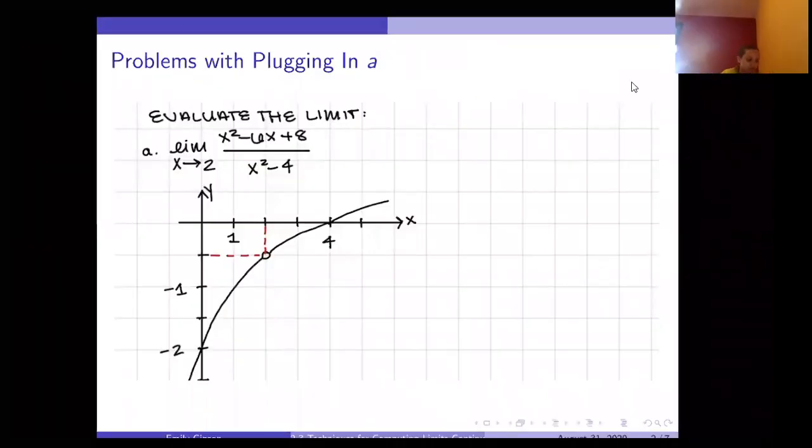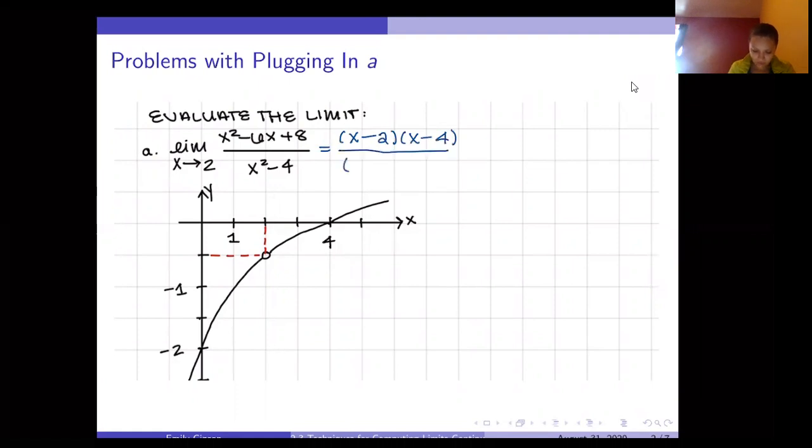What we can do is factor our polynomial on the top and factor our polynomial on the bottom. So this looks like x minus 2 times x minus 4 on top and x minus 2 times x plus 2 on the bottom.